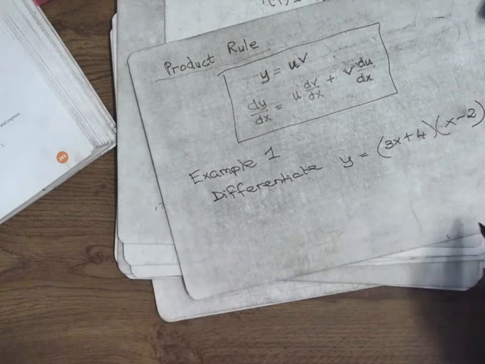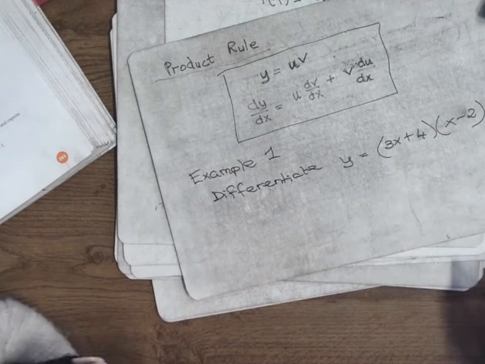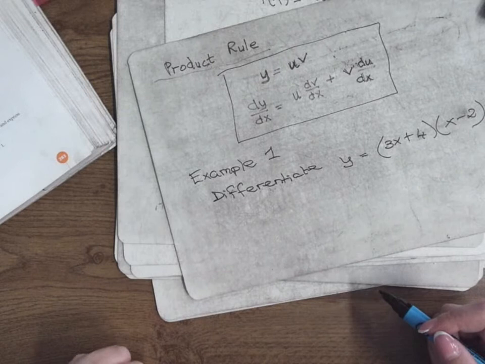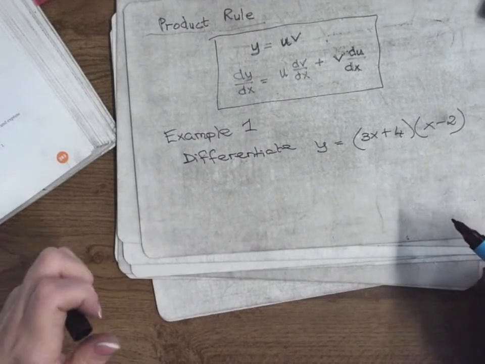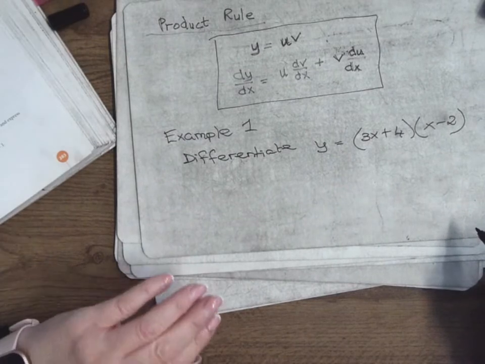Now, if I gave you that yesterday, you would have multiplied it out and differentiated the answer, right? And to be honest, that might be even slightly easier even now, but we have to learn the method.